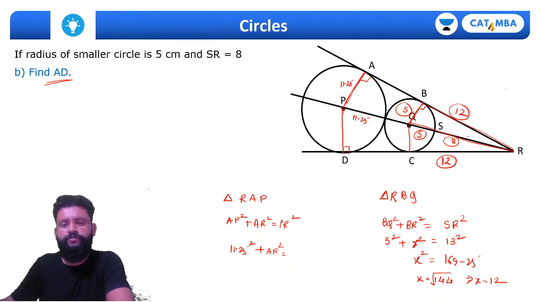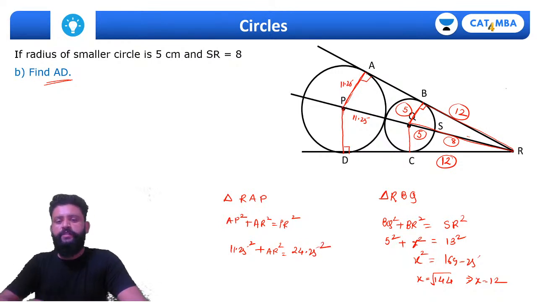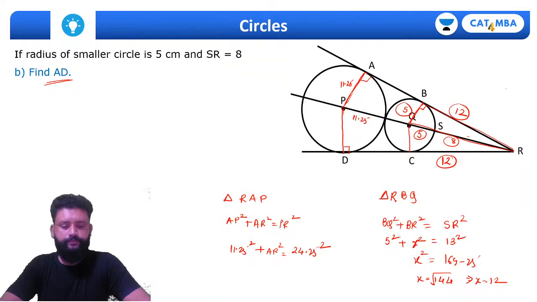So 16 plus 8 is 24.25 square. Hopefully all of you understood this part, guys.